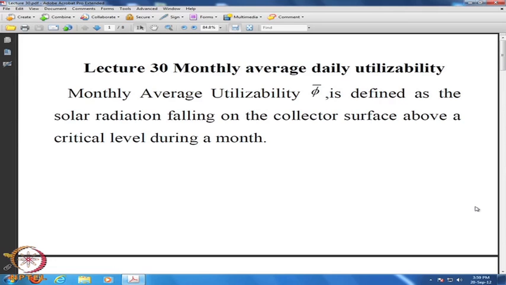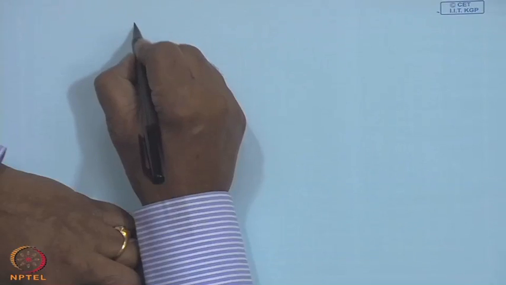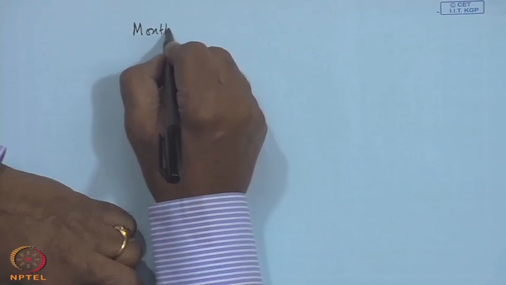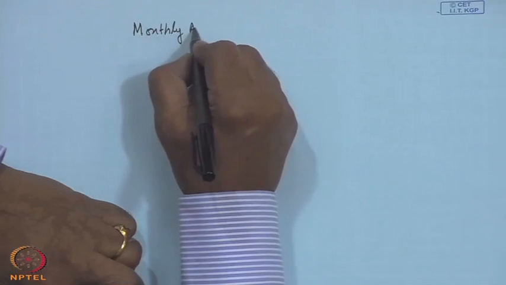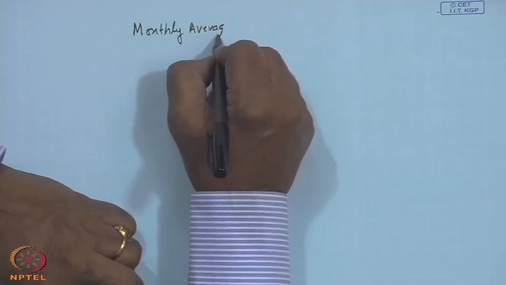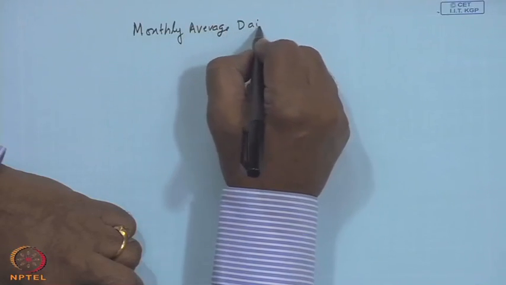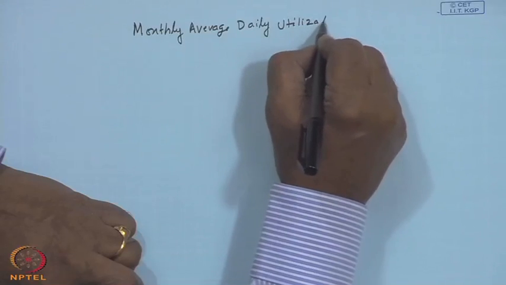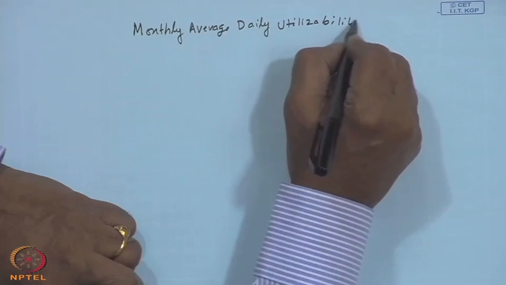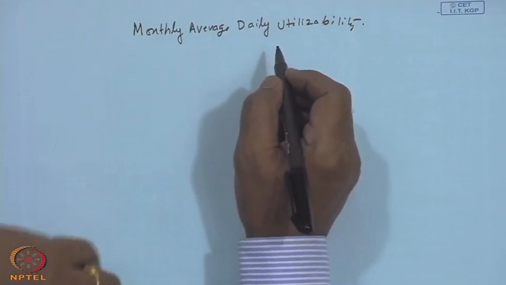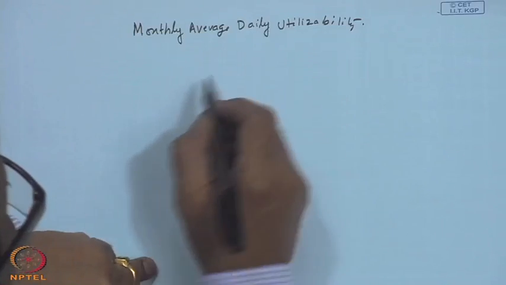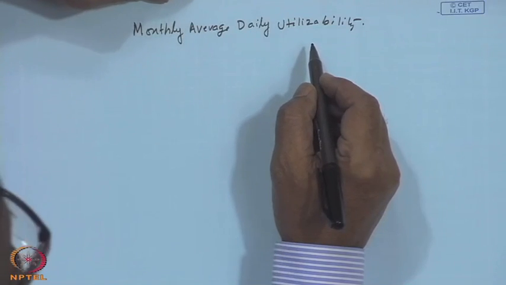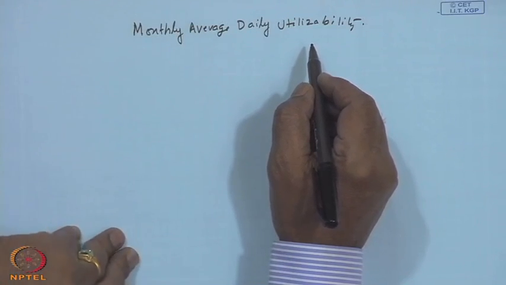Now, we shall try to predict monthly average daily utilizability. So, the definition we have understood, it is nothing but the solar radiation available to us above a critical level.